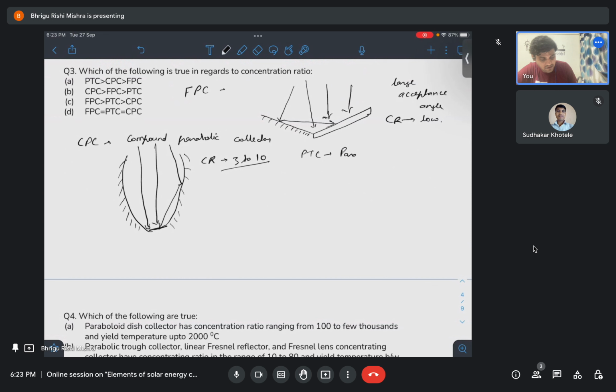PTC is parabolic trough collector. It is also called cylindrical parabolic collector or concentrator.